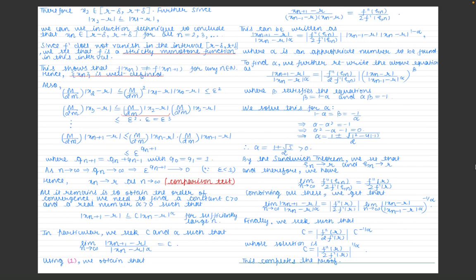So the first point was that the xn's are well defined. This was the first conclusion, that this sequence xn is well defined. So we have proved this. This is a long proof.